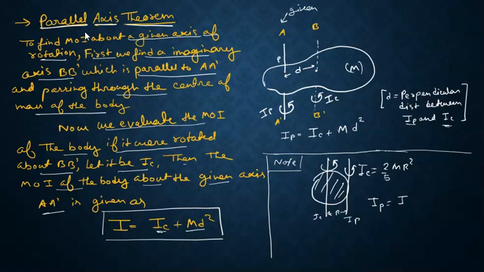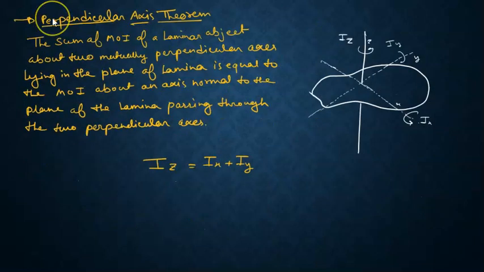IP equals IC plus m, the mass of the sphere, into the perpendicular distance r square, that is equal to 2 by 5 mr square plus mr square, and that is equal to 7 by 5 mr square. This is what the parallel axis theorem says.